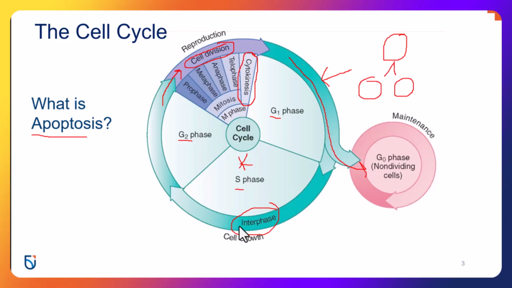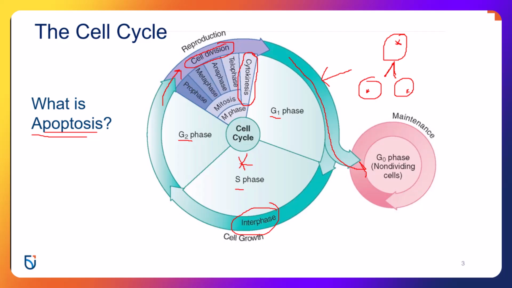Let's say this is an abnormal cell. If we don't fix it or send it to death, then when it divides, this is just an example, it now produces two abnormal cells. And then this keeps going and going and going. It can lead to, for example, the development of tumors, the development of cancer.